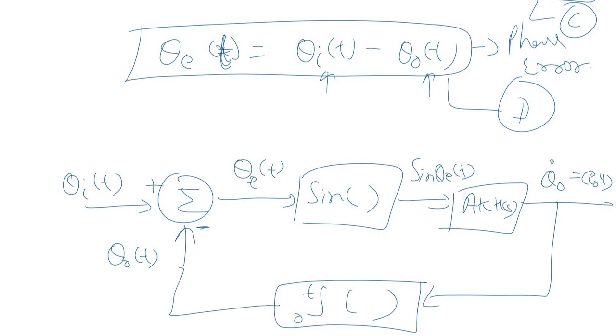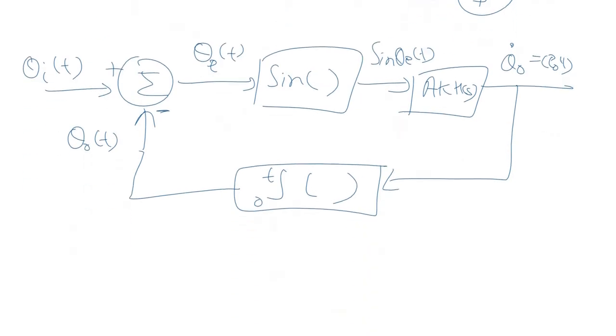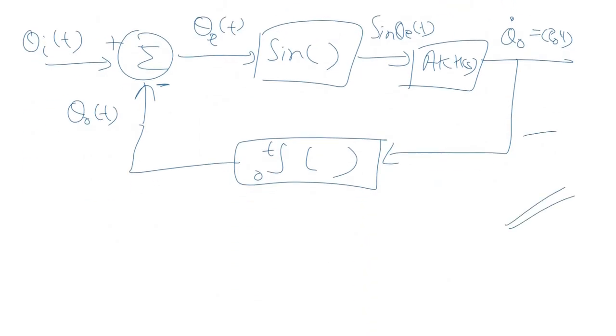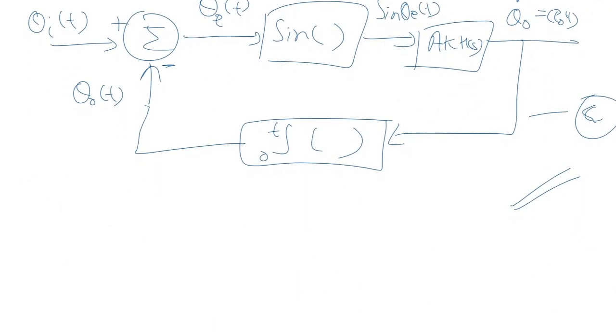So if we carefully analyze equation C, then we can make a more elaborate loop diagram for PLL, which is shown over here. It is nothing but a description of equation C. You can correlate equation C with this diagram.